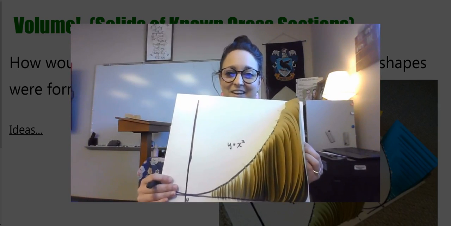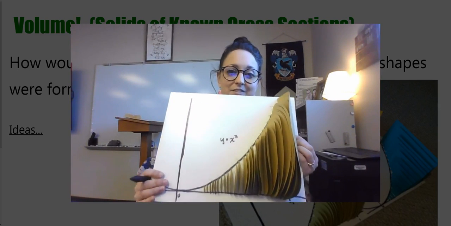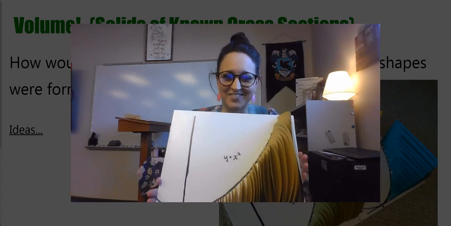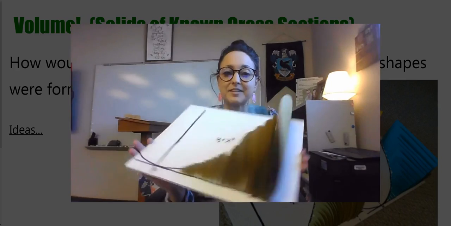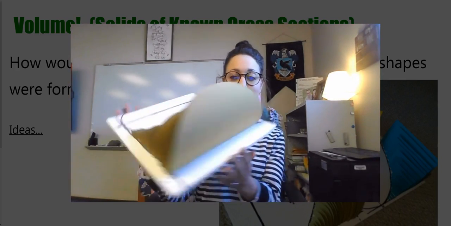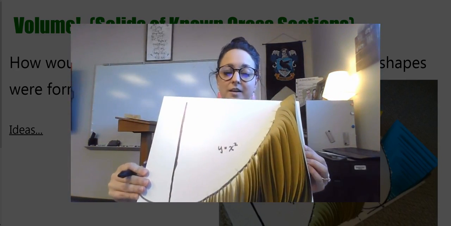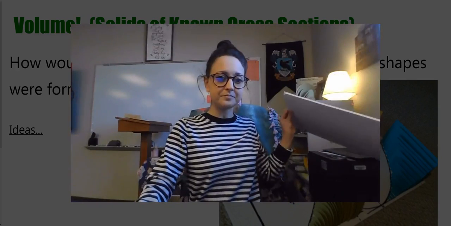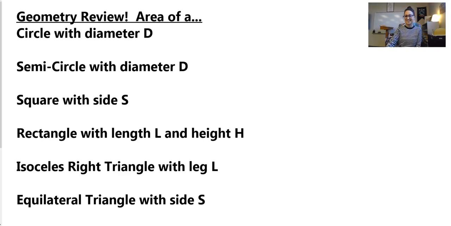We'd use an integral, okay? So I want to integrate an infinite number of semicircles if I want to find the volume of this thing. The thing is that my semicircles vary, right? The diameter varies based on, hopefully you can tell, this function that I have here, okay?